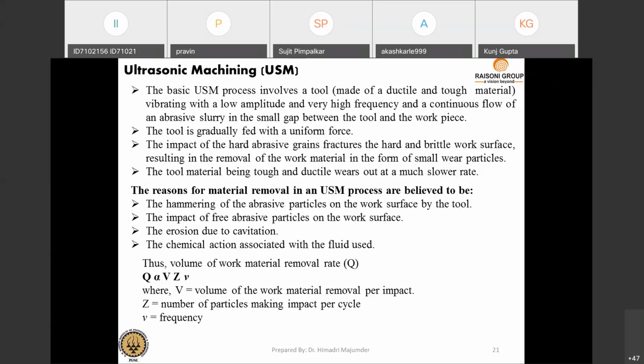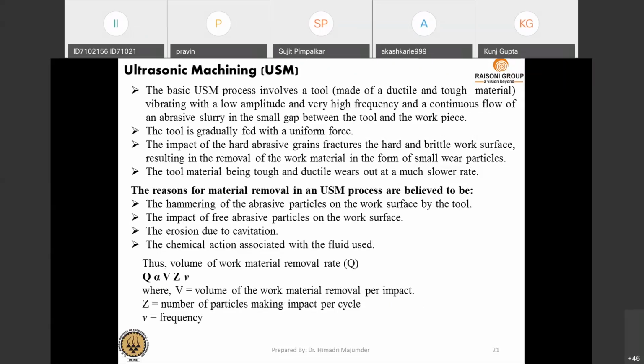A formula is given for material removal rate, which is associated with the volume of work material removed per impact, the number of particles making impact per cycle, and the frequency.